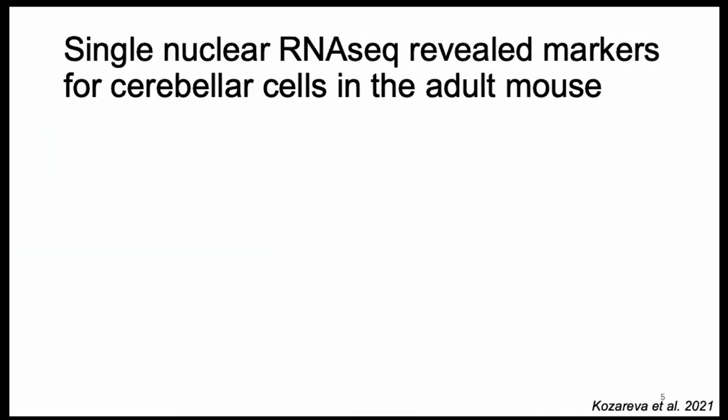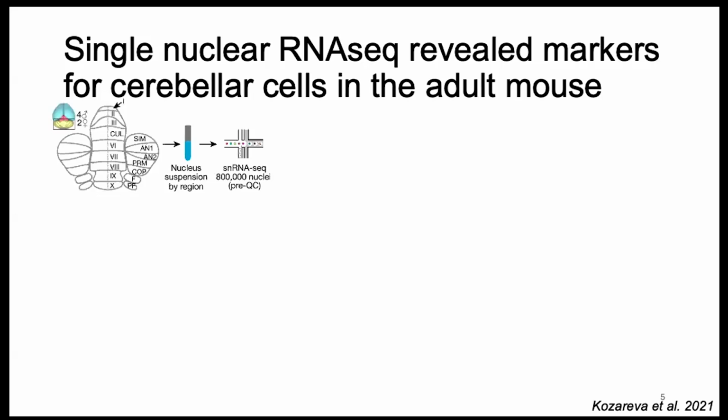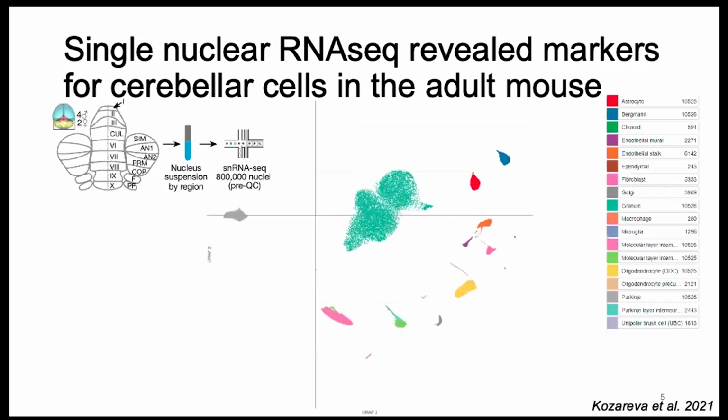And so the field is basically wanting to find markers firstly, and then find markers of adhesion molecules. And so in 2021, a single nucleus RNA-seq paper was published where they isolated many cells of the cerebellum, but this was in the adults. And so this paper generated many markers of supporting cells of the cerebellar cortex, but also for granule cells, Purkinje cells, and all of the interneurons, which are the focus of our study.